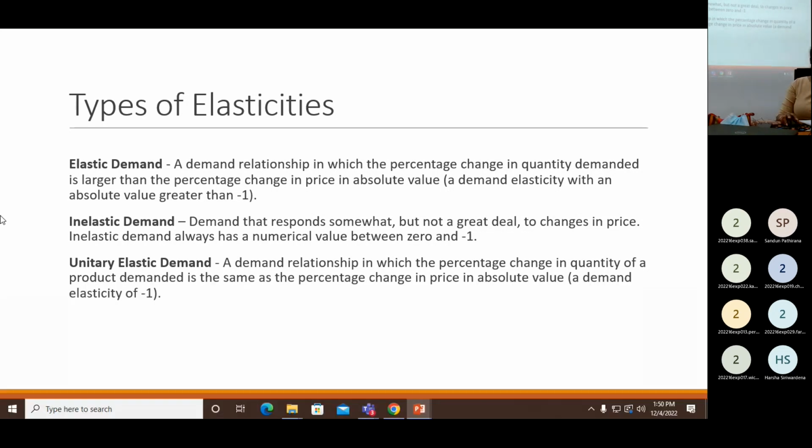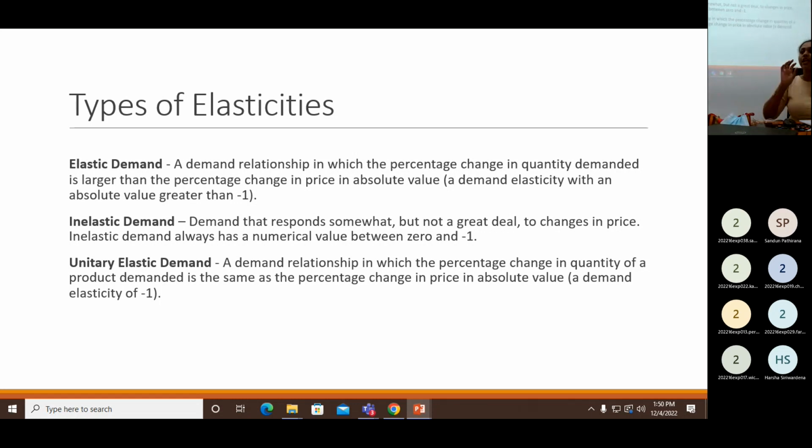Okay. The third type of elasticity is unitary elastic demand. Unitary elastic means your price changes by a certain percentage, and quantity demanded drops by a similar percentage. For example, if price increases by 10%, your quantity demanded also drops by 10%, equal.